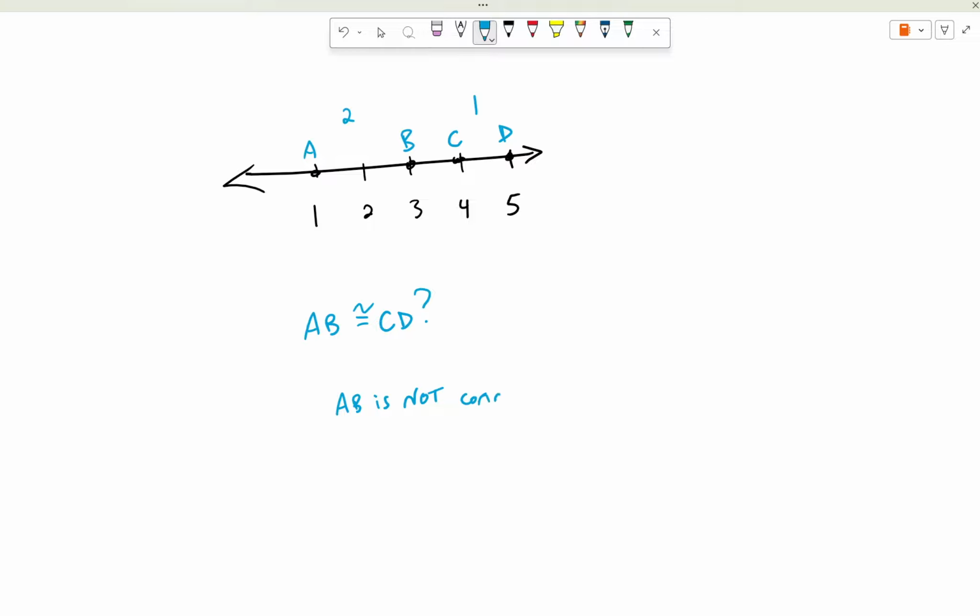They do not have the same measurement, because the measurement of AB, as we measure these tick marks, would be 2, and then CD is measured out at 1. So to show it's not congruent, we have the congruent symbol, and we literally just put a slash through it, okay? Means not congruent. All right.